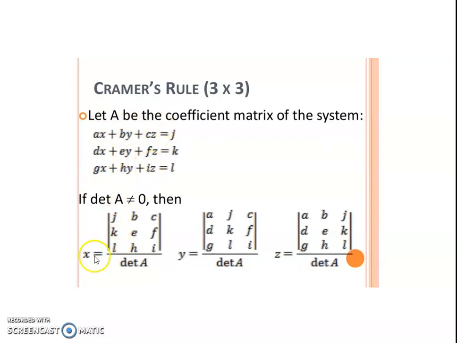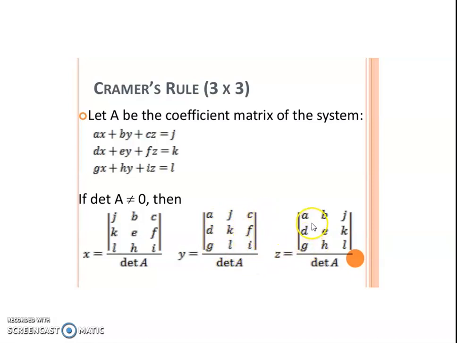Now, for x, we directly put the dx value. The dx value is what? Instead of the first column, j, k, l is substituted, b, e, h remain the same, c, f, i remain the same. Next, the determinant of A remains the same. The same trick applies for y also: a, d, g is the same, j, k, l is substituted, c, f, i is the same.